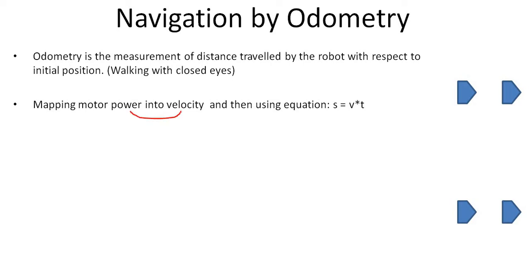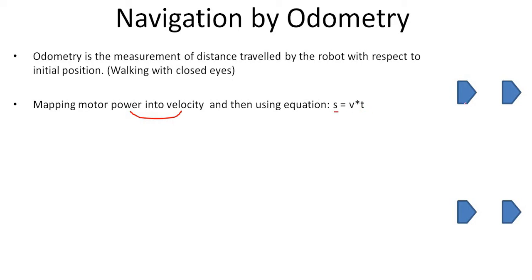We find the velocity for a given fixed constant power, and then we also calculate the time taken to reach the next position, and from there we can calculate the distance traveled.